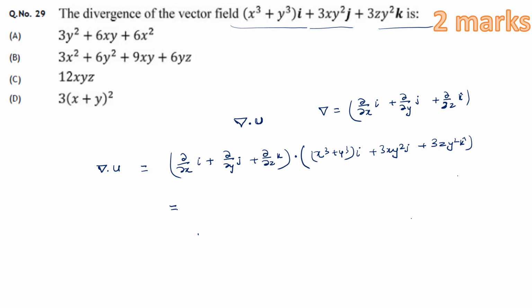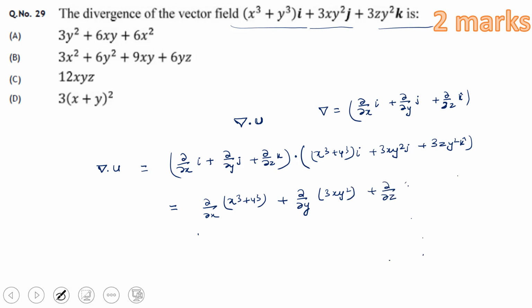Okay, fine. So now if we write it again, it will be del by del x of (x cube plus y cube), del by del y of 3xy square, del by del z of 3zy square. Okay, so now differentiate.